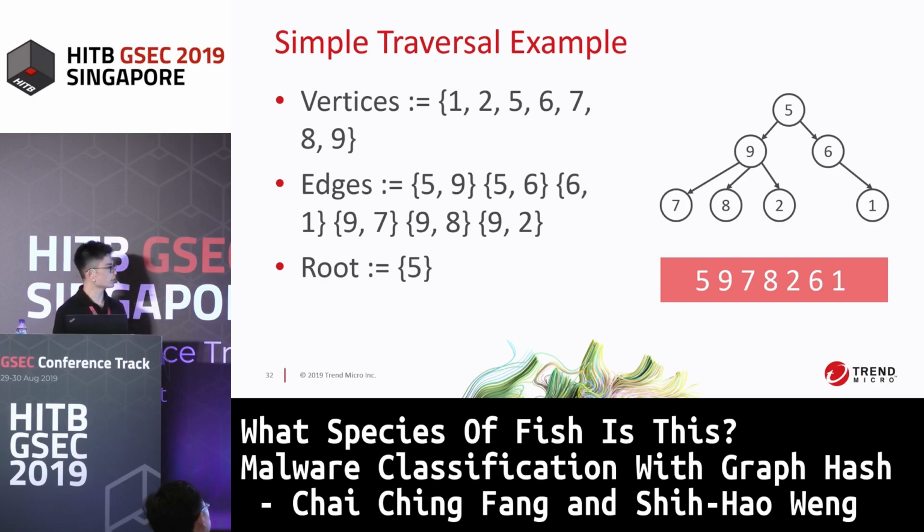And the edges are 5 to 9, 5 to 6, 6 to 1, 9 to 7, 9 to 8, and 9 to 2. And the root vertex is 5. So after traversing, the code graph pattern will be 5, 9, 7, 8, 2, 6, 1.